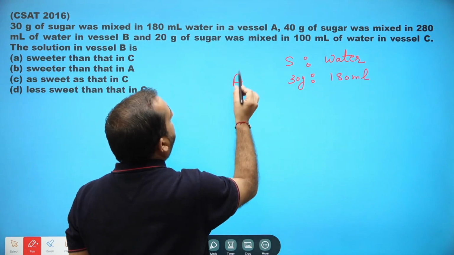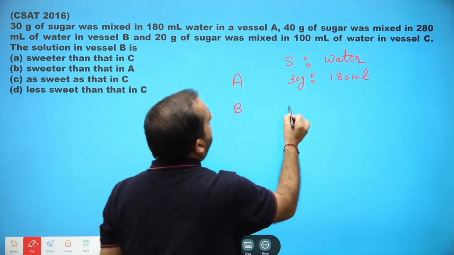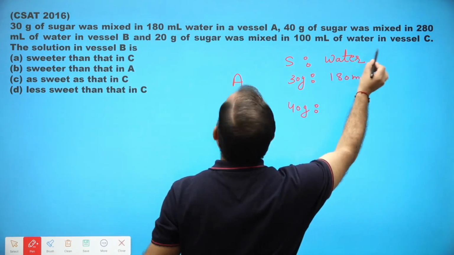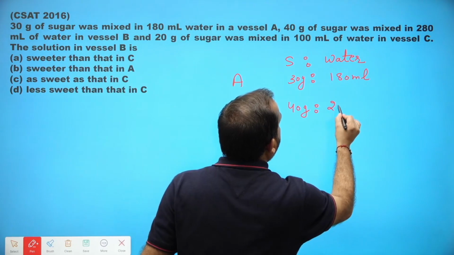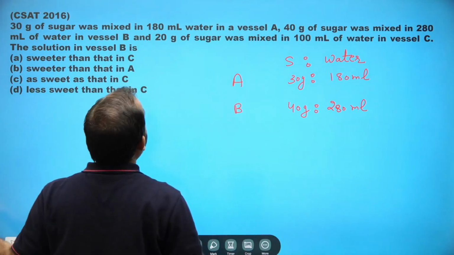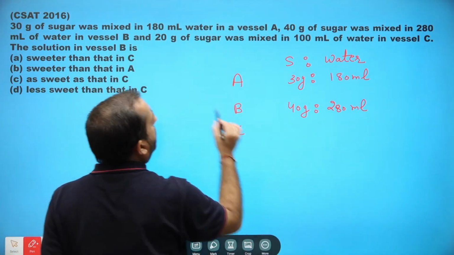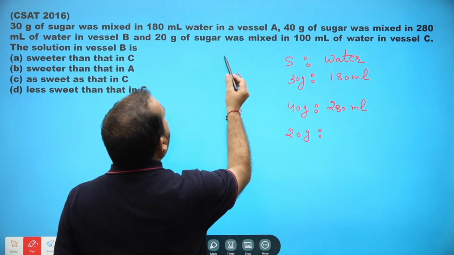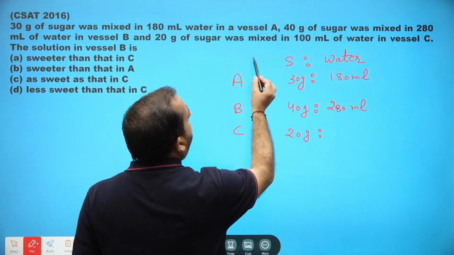In vessel B, sugar is 40 gram and water is 280 ml. In vessel C, sugar is 20 gram and water is 100 ml.